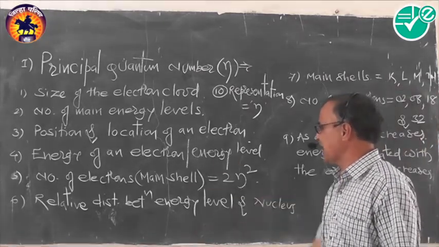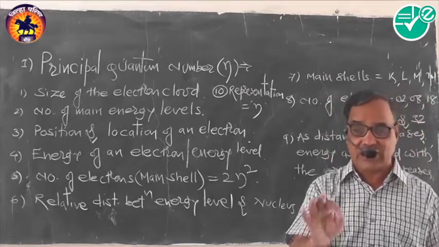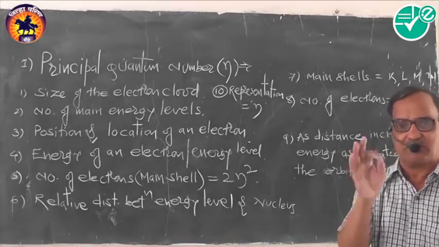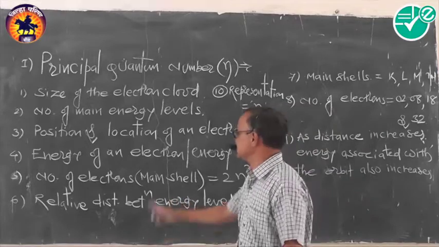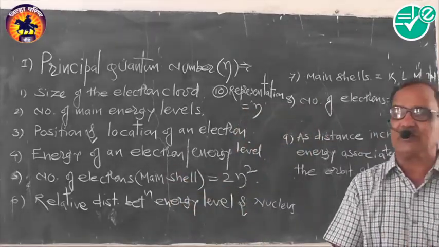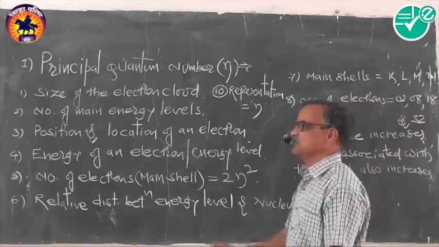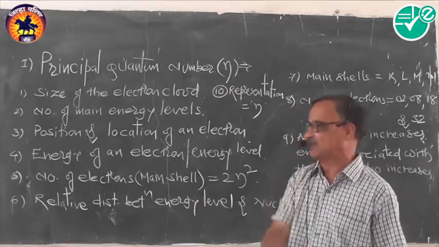So position and location. What is the location? Location means the relative distance between the center of the nucleus and the outermost electron. The relative distance between the nucleus and the outermost electron is called a location.